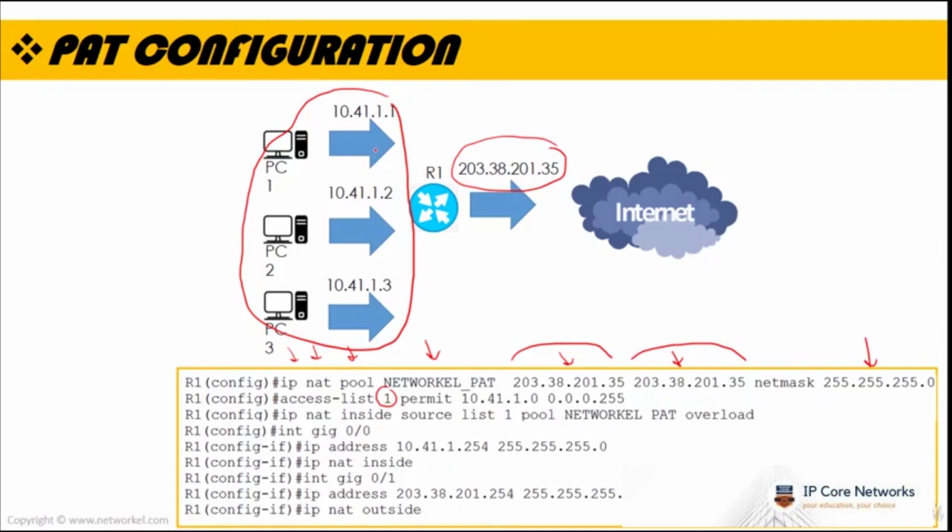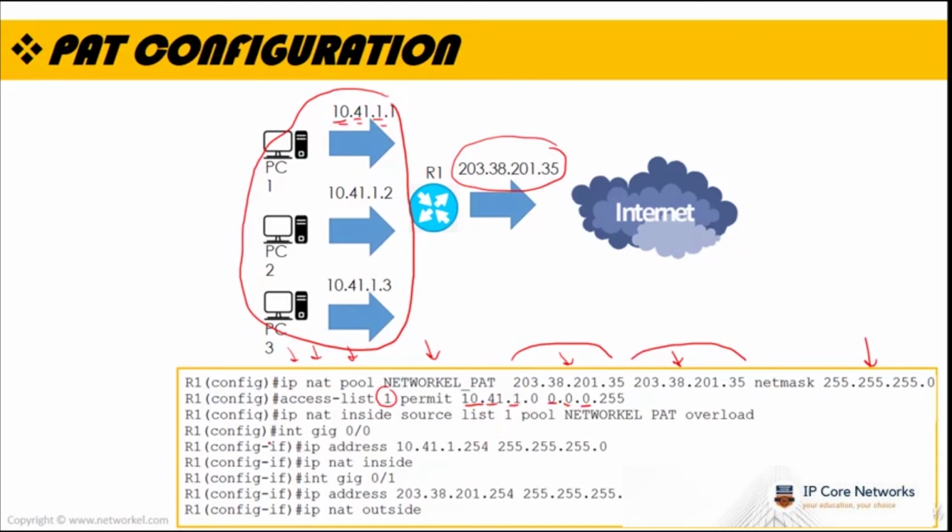The IP addresses that I'm using are just starting with 10.41.1, and this access list hits these first 3 octets and hits the statements starting with 10.41.1.